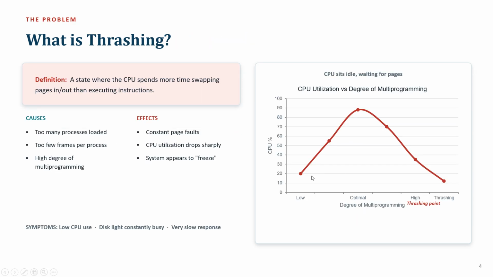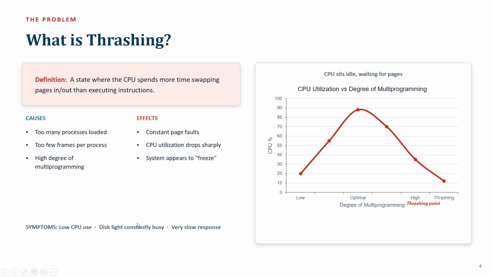It is explained in this diagram: when the degree of multiprogramming is low, the CPU usage is very low, and as multiprogramming increases, the thrashing point occurs and the frames are divided and the CPU performs very poorly. The effects are constant page faults, CPU utilization drops sharply, and the system appears to freeze.